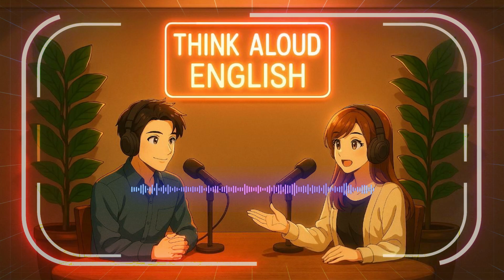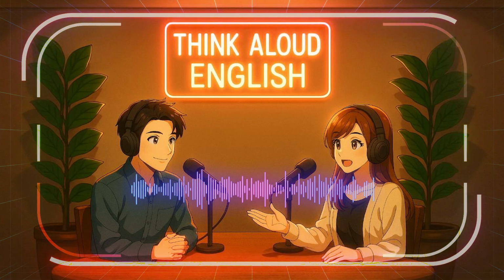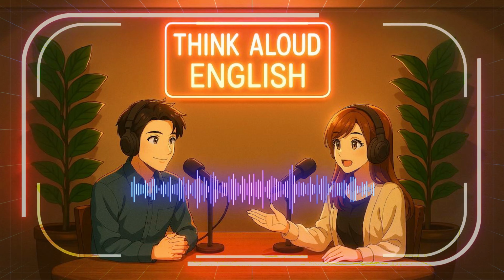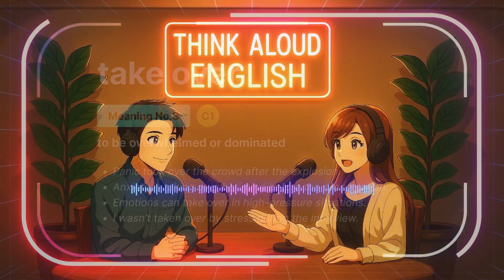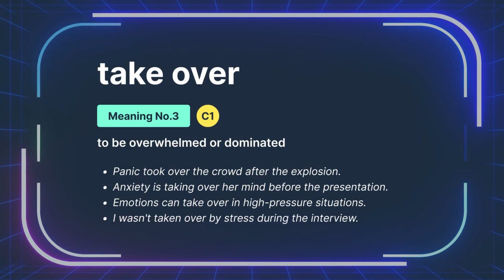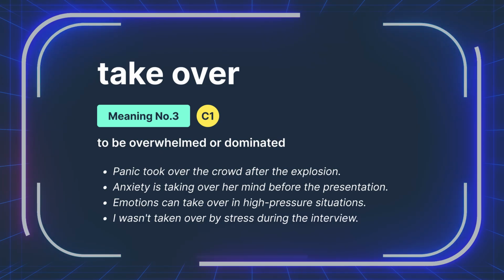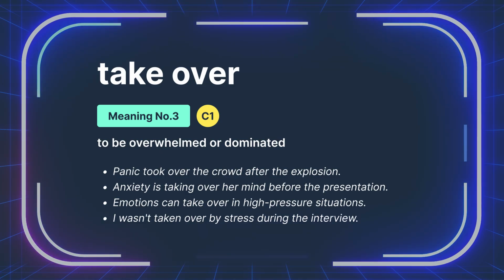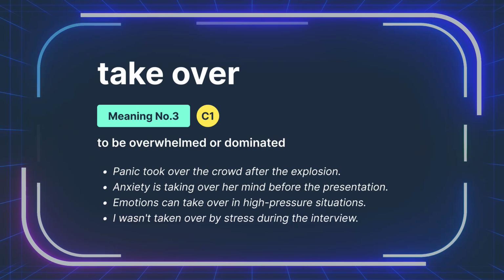Okay. Let's move to our final category, which feels the most nuanced. Domination, emotion, and competition. These meanings really push into that C1 and C2 territory. Yes, the intangibles. Meaning number 3, C1, common. To be overwhelmed or dominated by an emotion or force. It's amazing that the same verb for a military coup also describes inner turmoil.